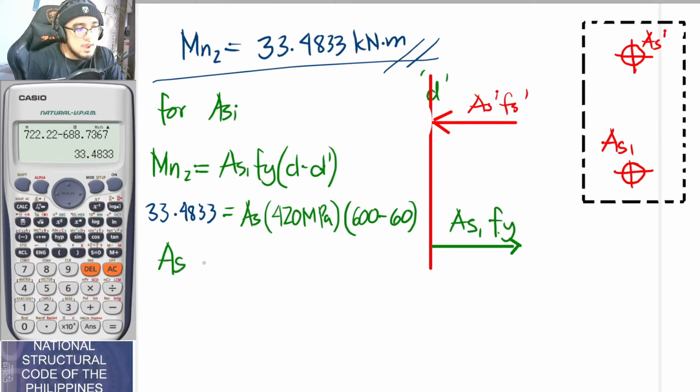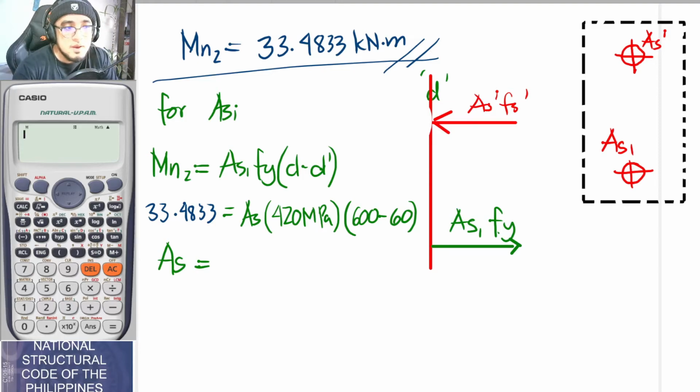So for AS, this is now equal to 33.4833 divided by 420 divided by 600 minus 60. Oh, by the way, guys, we must of course convert this into Newton millimeters first. Take note that this is in terms of kilonewton meter.